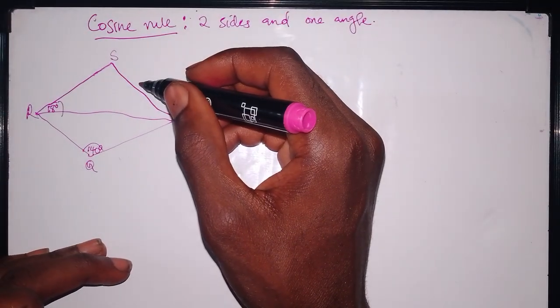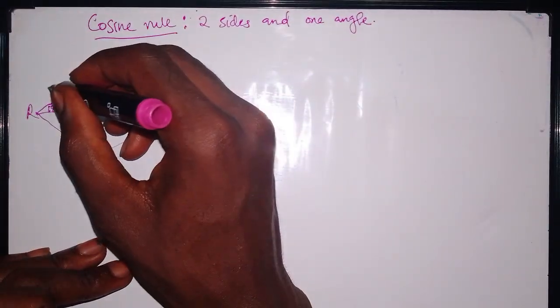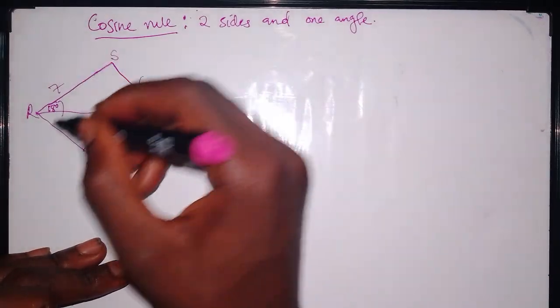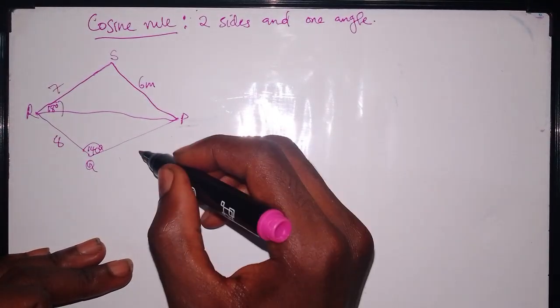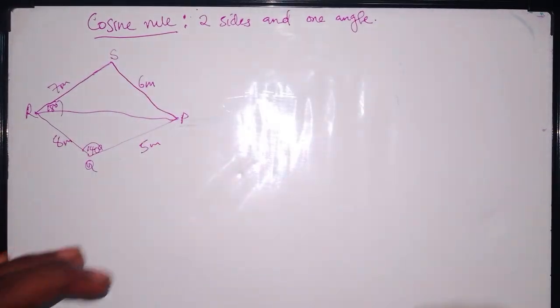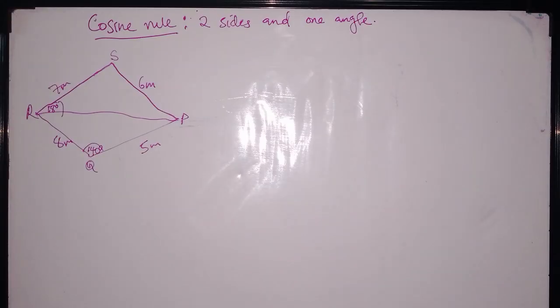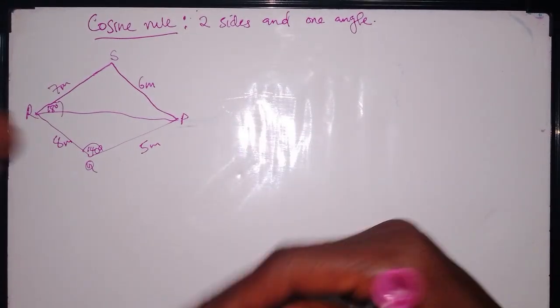Then the sides we have. So this is one of the triangles in which you can use what is known as the cosine rule.